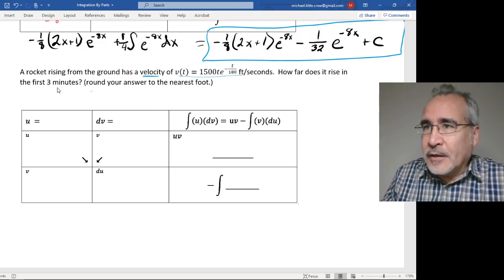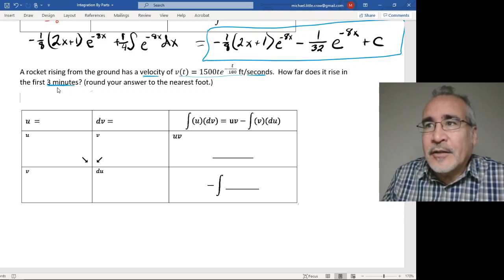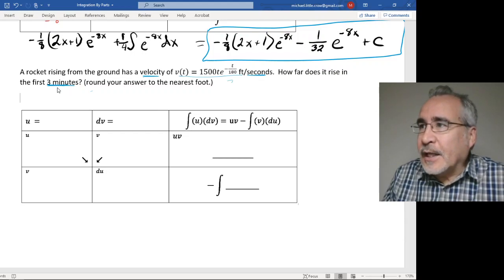But one of the things you need to be careful about here is units. This is in seconds and this is in minutes. So since our function's in seconds, we want our t values, our time values, to be in seconds. So we take 3 minutes, and in 1 minute there are 60 seconds.